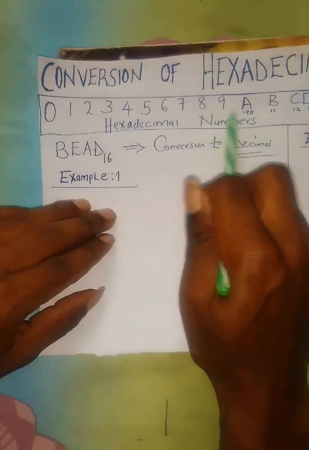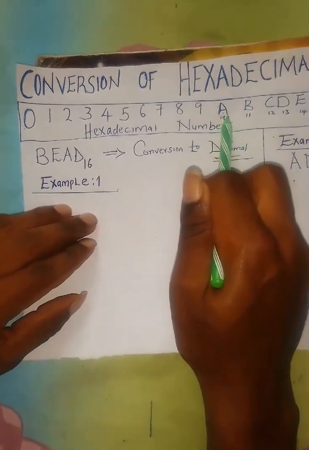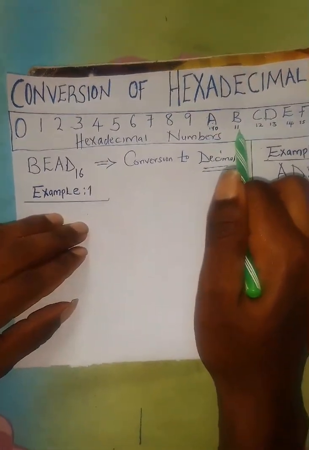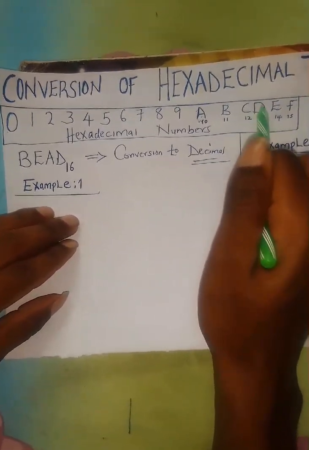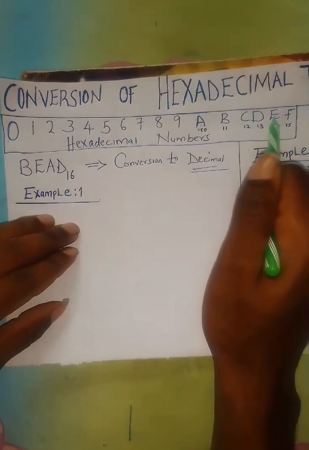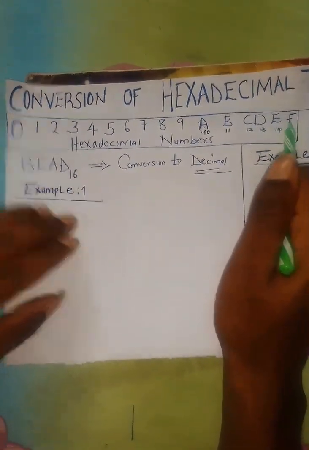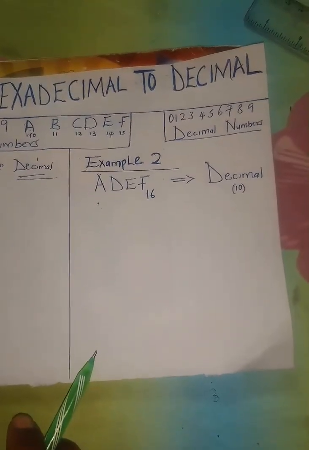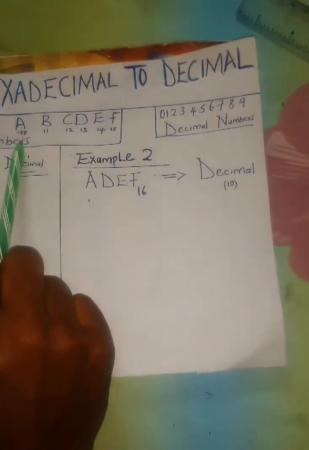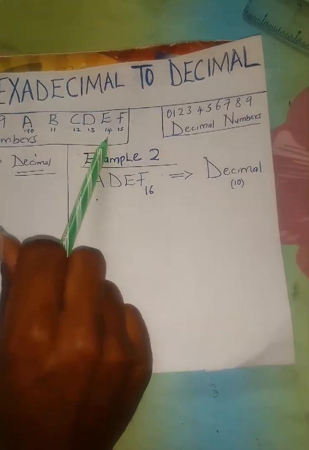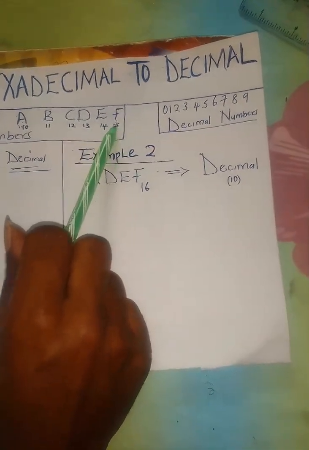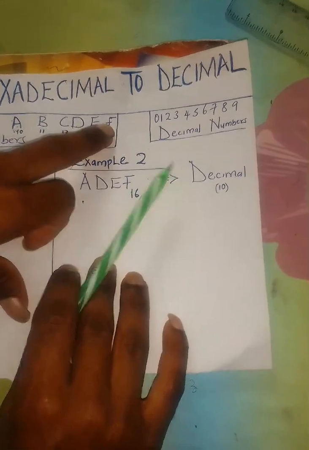Instead of writing 10, we write A. Instead of writing 11, we write B. 12, we write C. 13, we write D. 14, we write E. And 15, we write F. So A is 10, B 11, C 12, D 13, E 14, F 15.